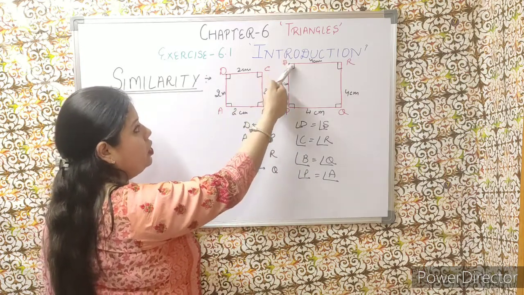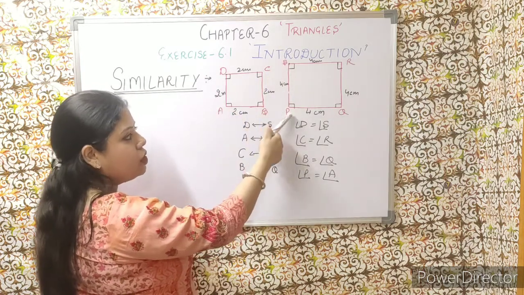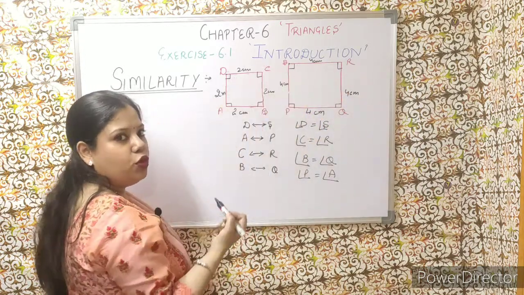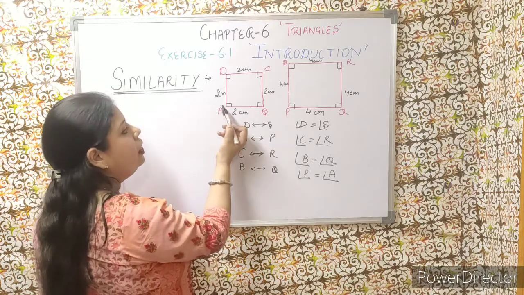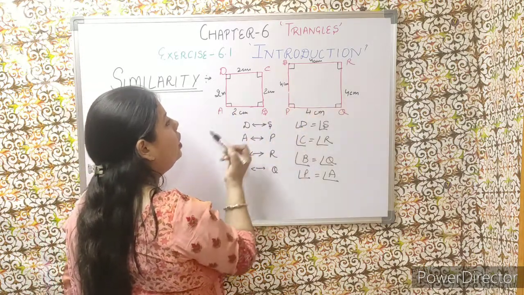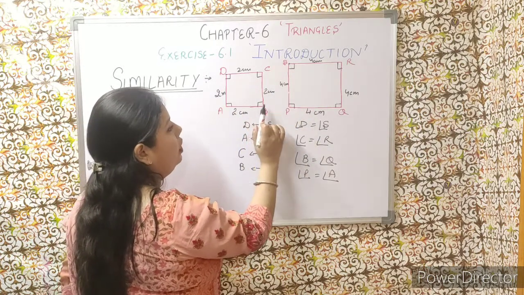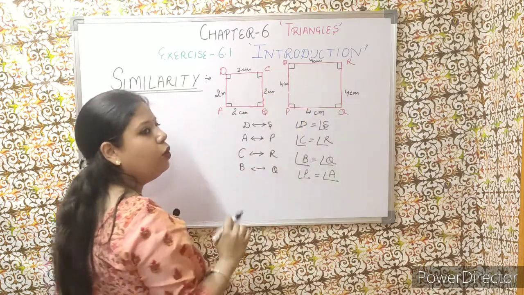Vertex D corresponds to S, A corresponds to P, B corresponds to Q and C corresponds to R. Then their corresponding angles are equal: D is equal to S, A is equal to P, B is equal to Q, C is equal to R.